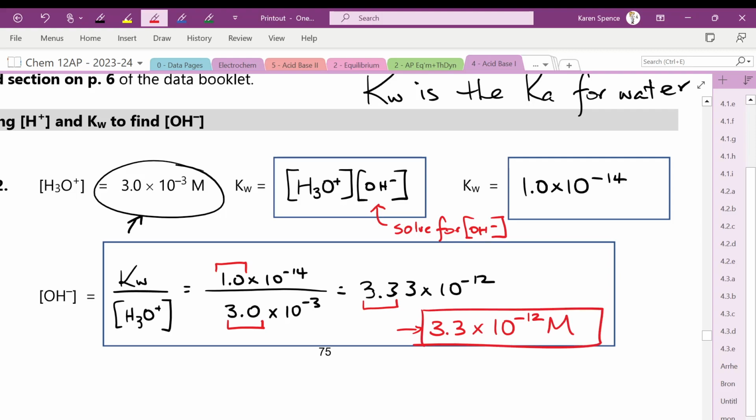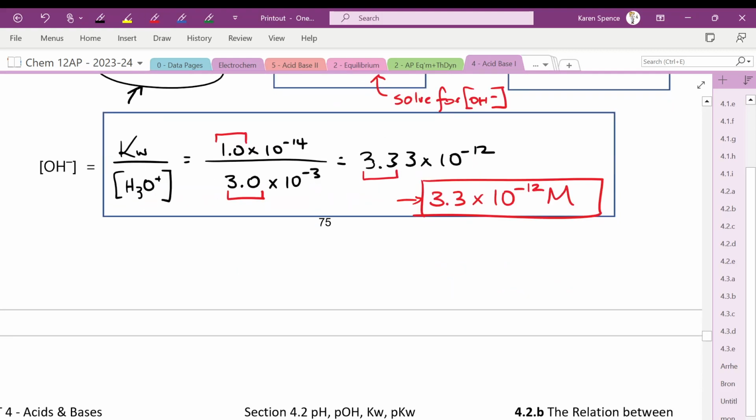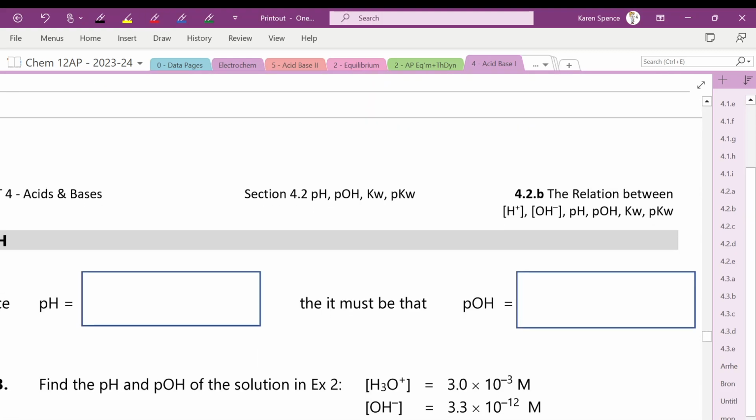Okay, so if you are given hydroxide, you can find hydronium. If you are given hydronium, you can find hydroxide. Easy? Do we like this? Yeah, it's pretty good. Like, honestly, if you get a question like this, you'd be like, oh, I like that one.